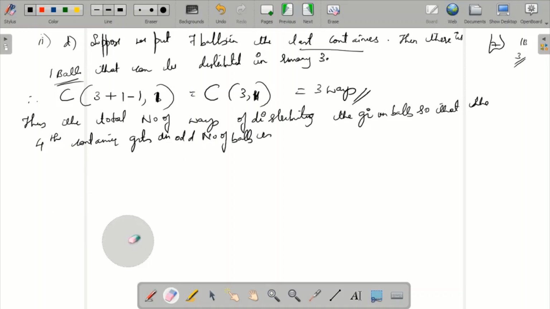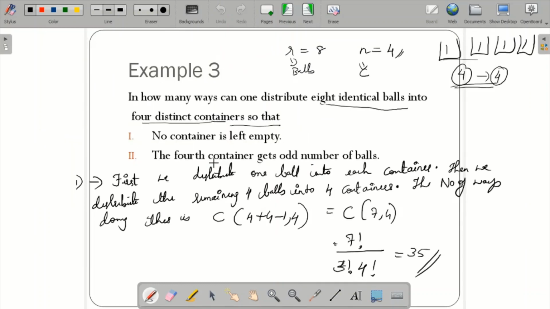It's nothing but 36 plus 21 plus 10 plus 3, that is equal to 70 ways. So this is regarding the example 3.